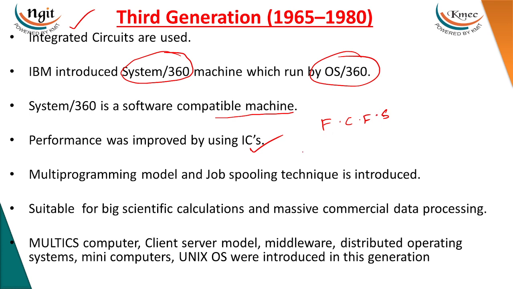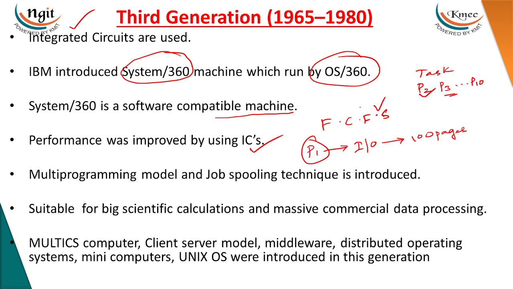Suppose P1 goes for some IO, that means it needs to take a printout of 10 pages or 100 pages. Until P1 takes all 100 pages of printout and comes out, the remaining programs P2, P3, P4 have to wait, and only after P1 completes its execution is P2 allowed. That is called FCFS. So all the second generation computers use FCFS only.